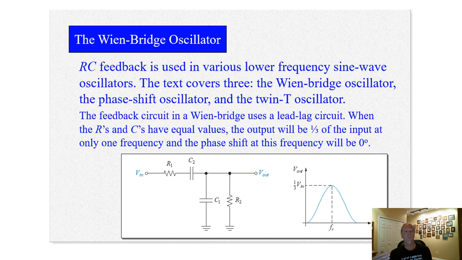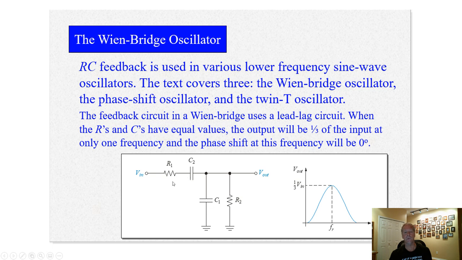Now the Wien bridge oscillator is a particular type of oscillator. It uses what's called a lead-lag circuit. This is a high pass filter. This is a low pass filter, and it results in this band pass characteristic here. Now, all of these resistors and capacitors have the same value.